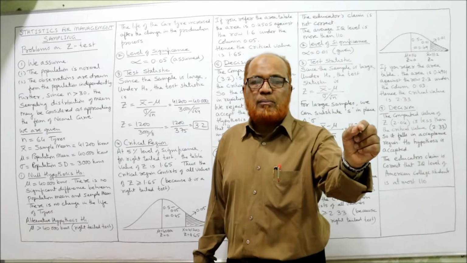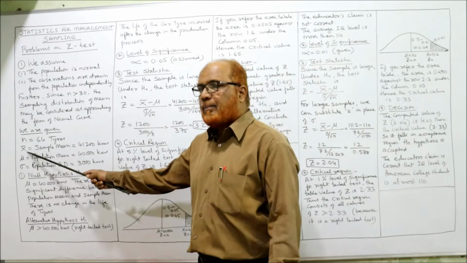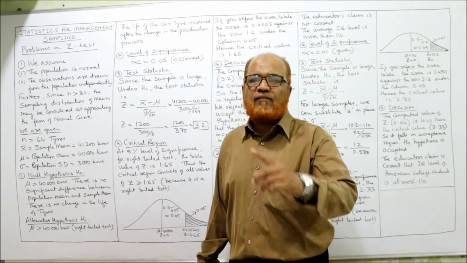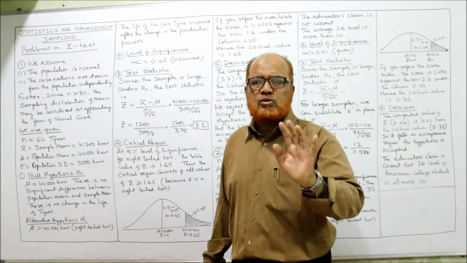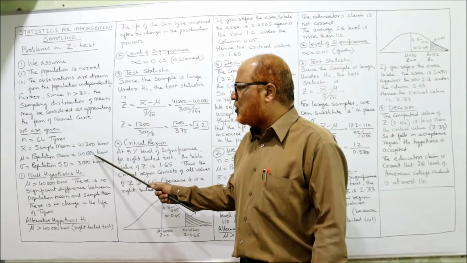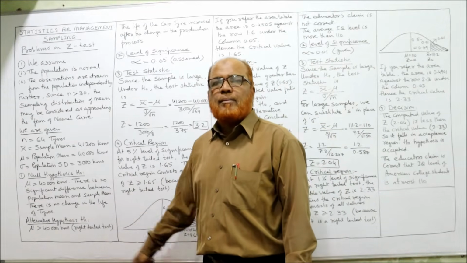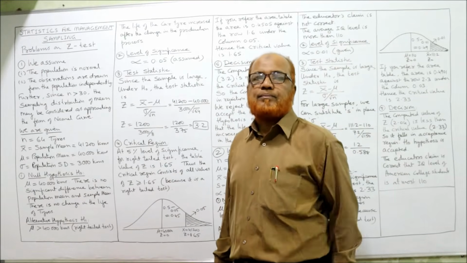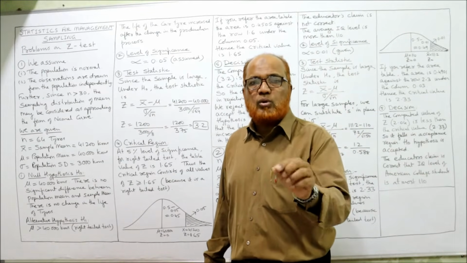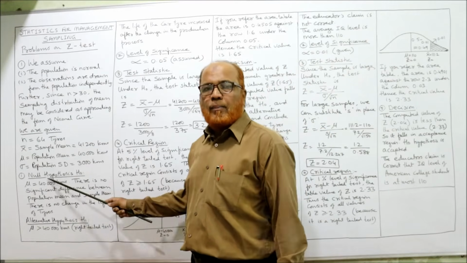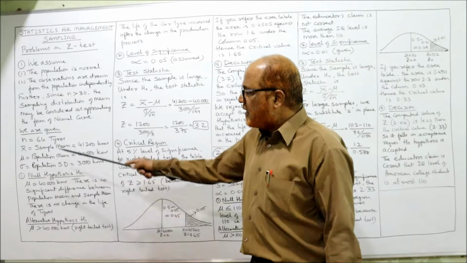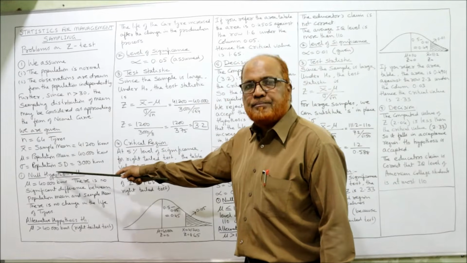Mu is the population mean, x bar is the sample mean. The population mean, the average life of all the tires produced by the company, is 40,000 kilometers. And sigma is the standard deviation of the population, given in the problem as 3,000 kilometers. This is the complete data given.